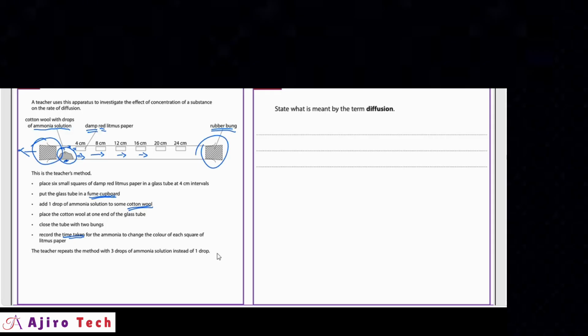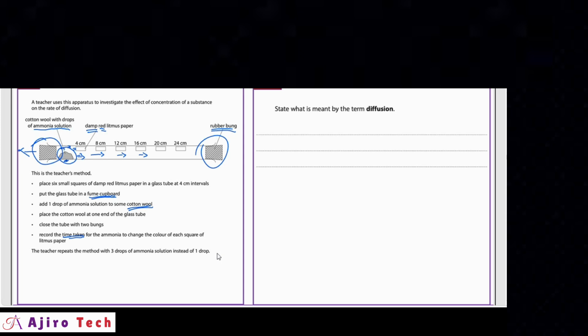The teacher repeats the method with 3 drops of ammonia solution instead of 1 drop. So according to this investigation, we have just one independent variable. The one independent variable is the number of drops, or let's just say the concentration of ammonia. But we have 2 types of concentration of ammonia.